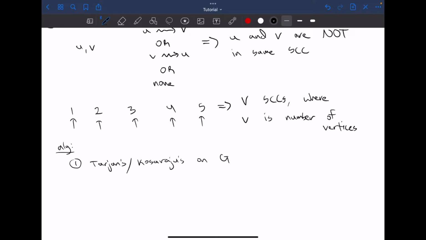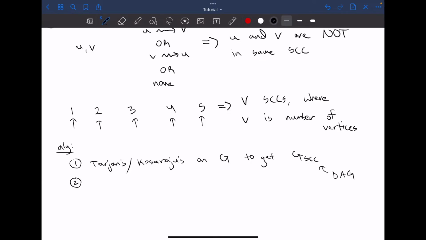And the output of Tarjan's or Kosaraju's is the GSCC, or the graph of strongly connected components, which, as you recall, must be a DAG, or a directed acyclic graph.